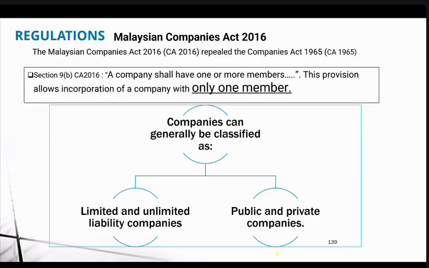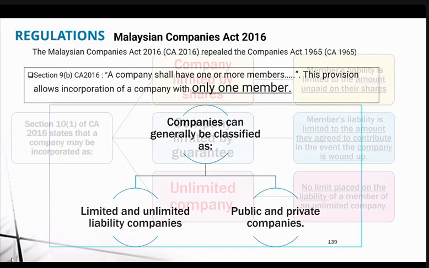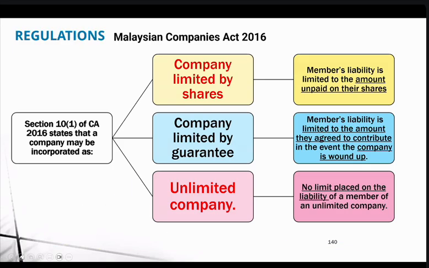Companies under the Companies Act. The way I would phrase this is all companies are subject to rules under the Companies Act. For example, you can start a company with 1 member. I want you guys to write this down.